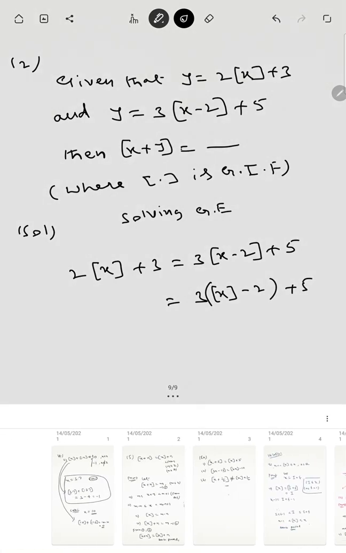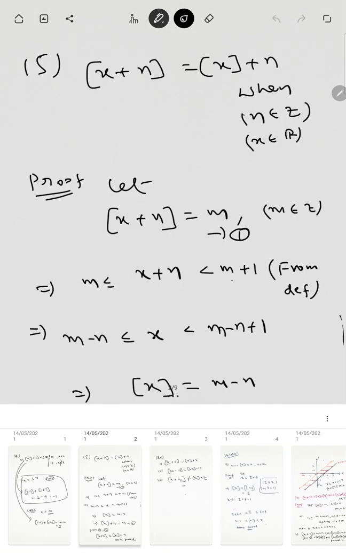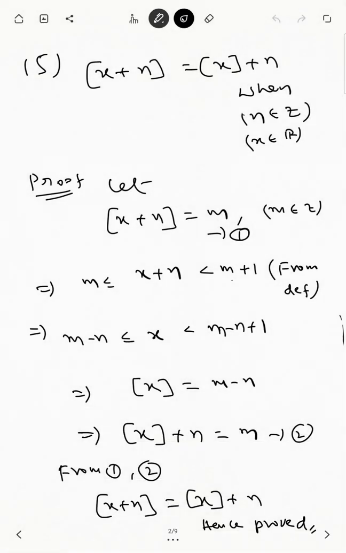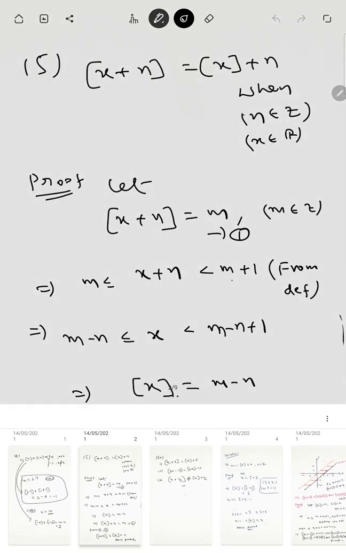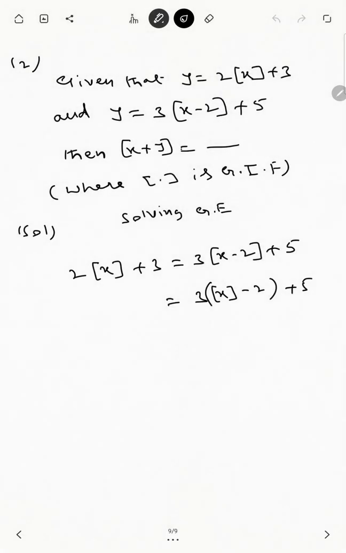Which property is it? Property number 5, which we proved already. So minus 2 comes outside the box: 3 into integer part of x minus 6 plus 5. Left side no change.